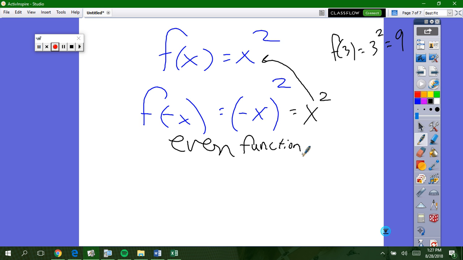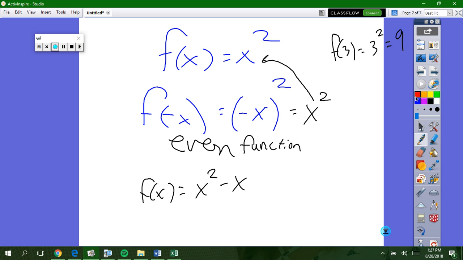No. Let's try this one. Here's a function. Notice that's still a quadratic, is it not? So we can't think any quadratic is going to be an even function.